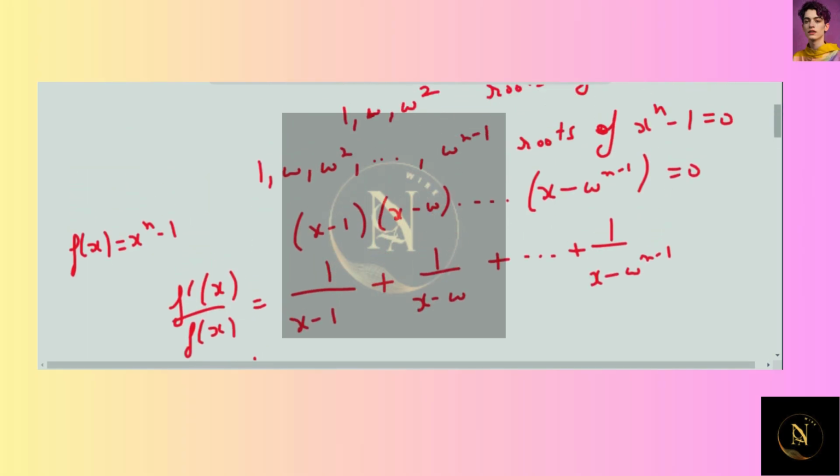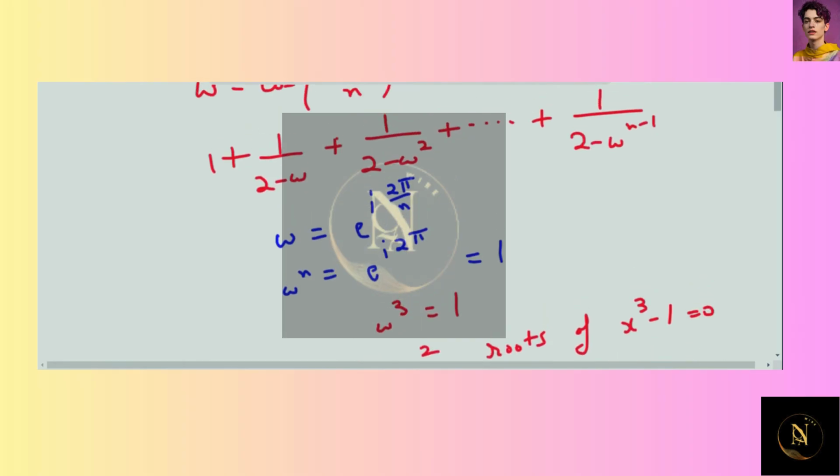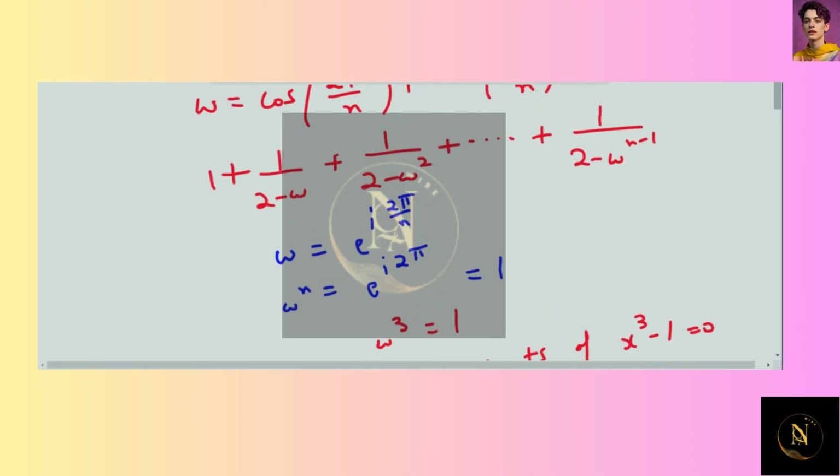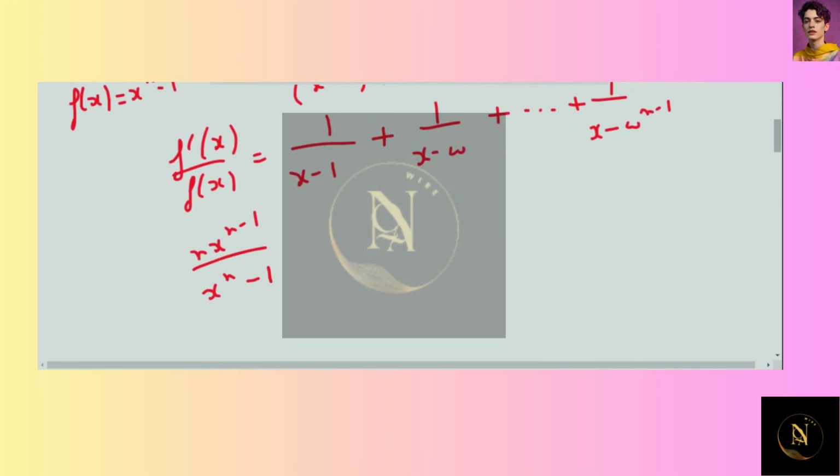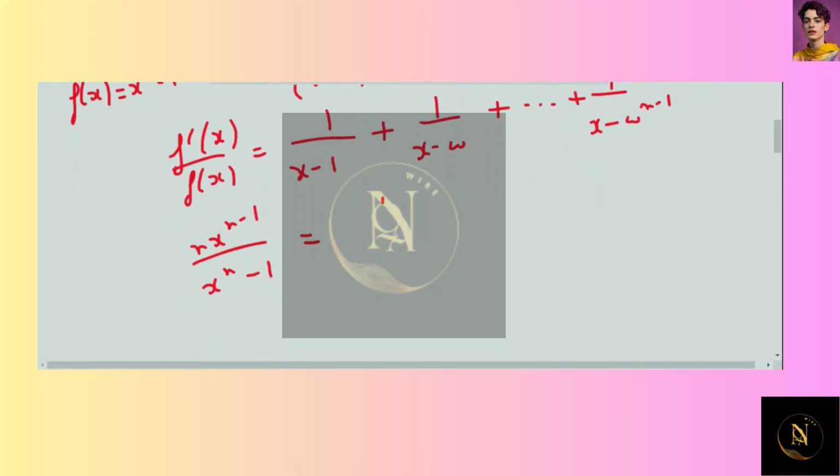Now we need to find the sum 1 over (2 − 1) plus 1 over (2 − omega) and so on, 1 over (2 − omega to the power n − 1). Let's put the value here.